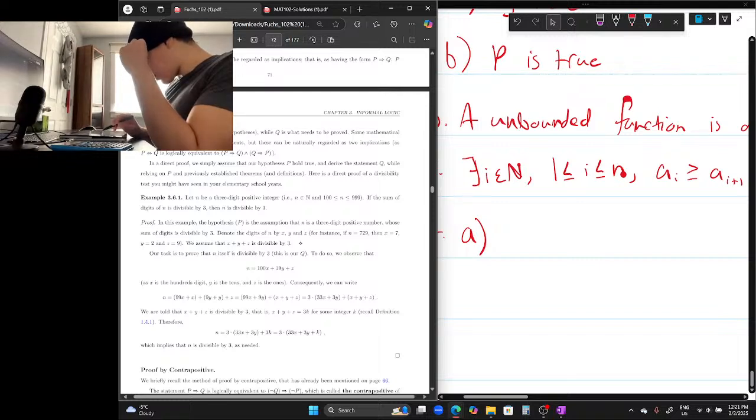P is the assumption that n is a 3-digit positive integer whose sum of digits is divisible by 3. Denote the digits of n by x, y, z. To show that n itself is divisible by 3, to do so, we observe that... Wait.